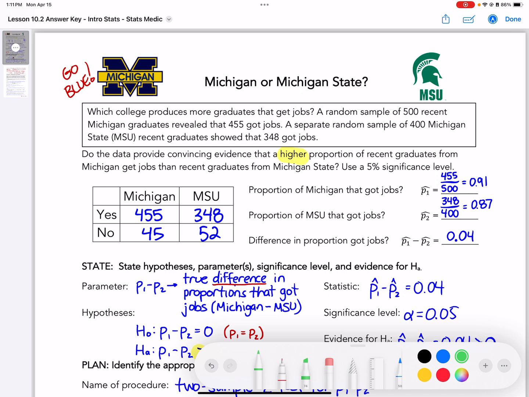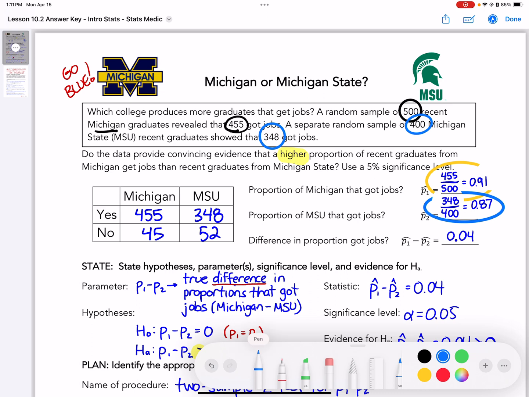This particular one has a random sample of 500 Michigan graduates, and 455 got jobs, and that's where this number comes from right here. And then the next one is 400 was my sample, and 348 got jobs, and that was Michigan State, and that's where this came from.